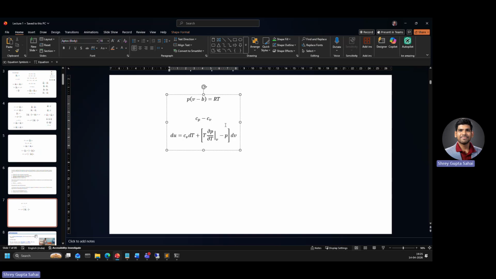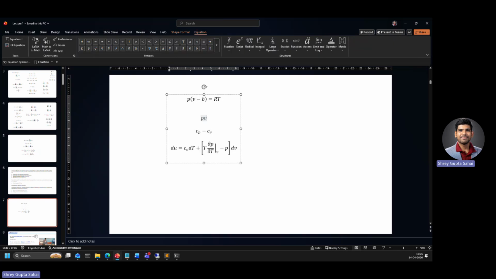So here we can actually put at a constant V, plus PV minus BP, PV is RT. At a constant V, what is dP by dT?